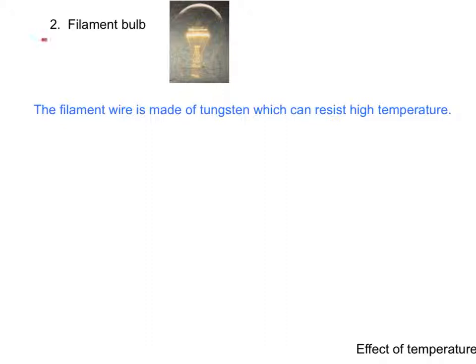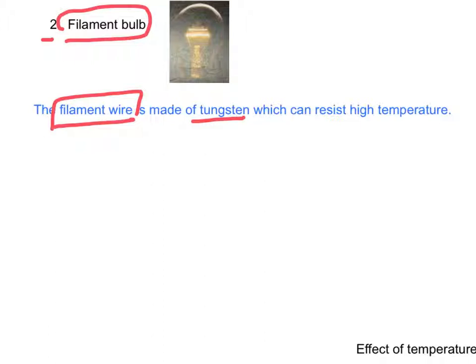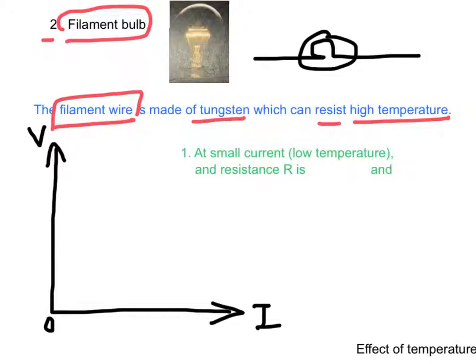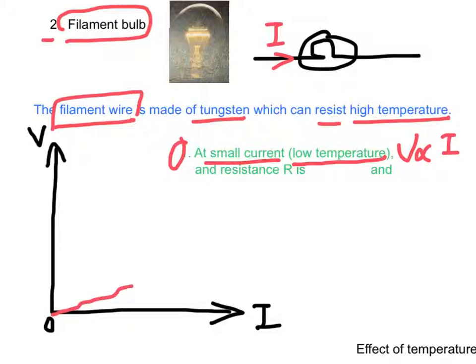The second circuit element to study is the filament bulb. Inside a filament bulb, the filament wire is made of tungsten wire, which can resist high temperature. First, at a small current I, that is at low temperature, V is proportional to I, and the slope, that is the resistance of the wire, is small and constant.